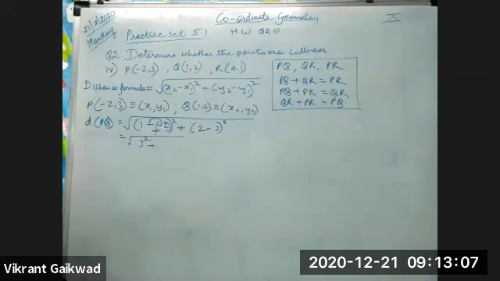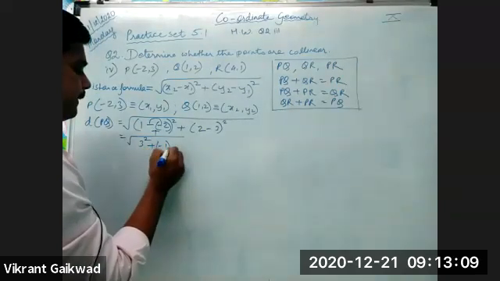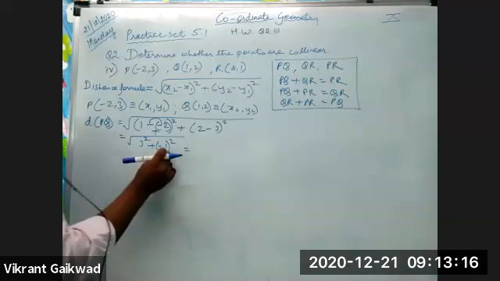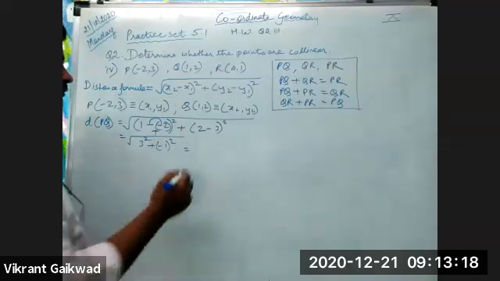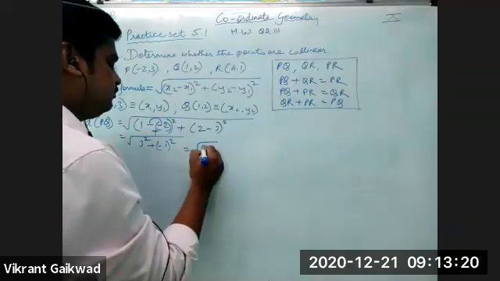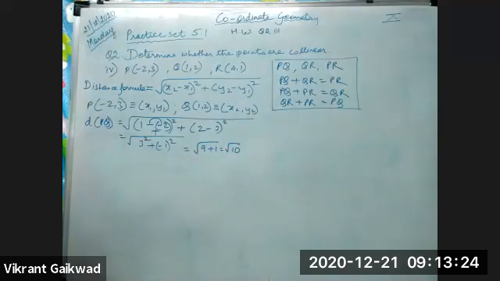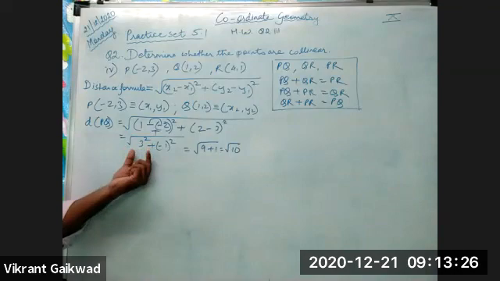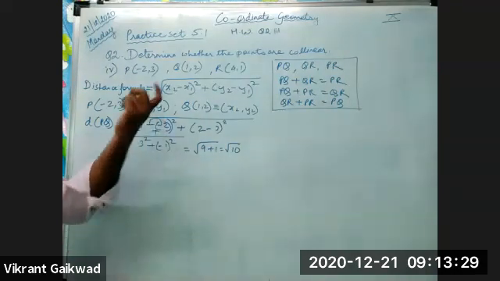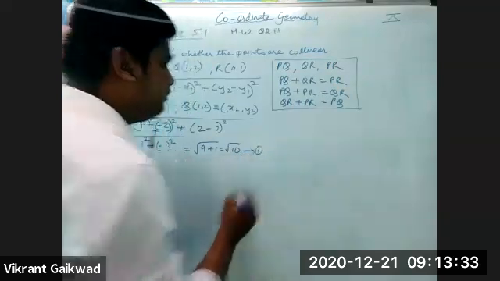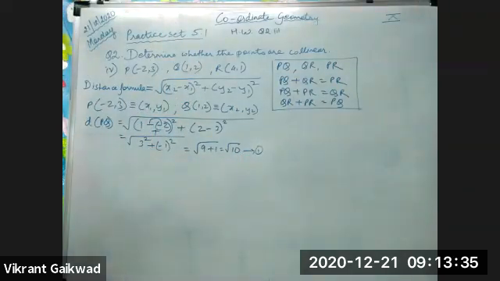It's minus 1, so minus 1 square. Now you know the square of a negative number is positive. So you'll get root of 9 plus 1, that is root 10. 3 square is 9, plus 1 is 10. This forms your statement number 1.